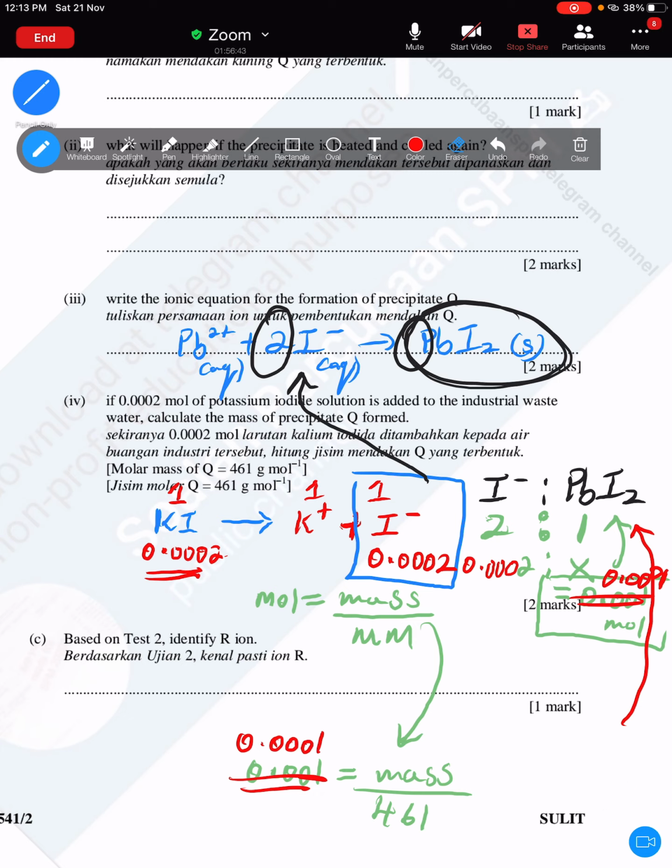So what is the final answer? 0.0461 gram. Okay. Done.